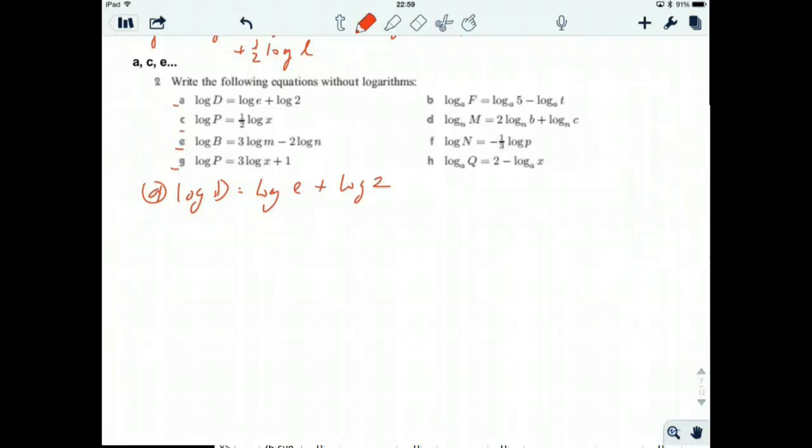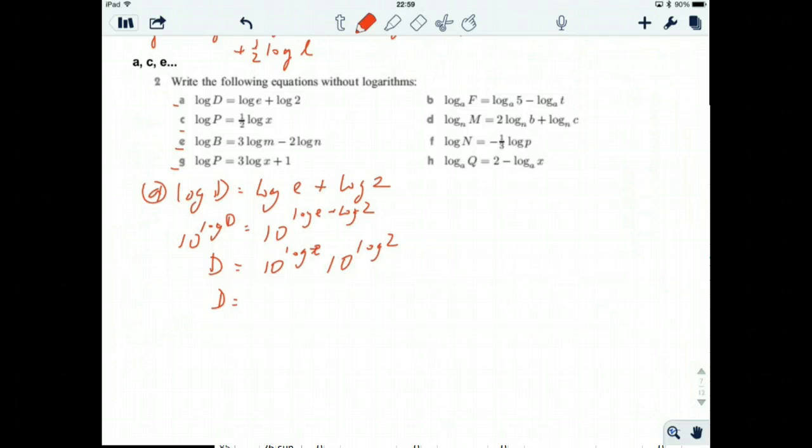So we could put 10 to the log D is equal to 10 to the log E plus log of 2. 10 to the log D, of course, is just D. That is 10 to the log E times 10 to the log of 2. And so D would equal E times 2.